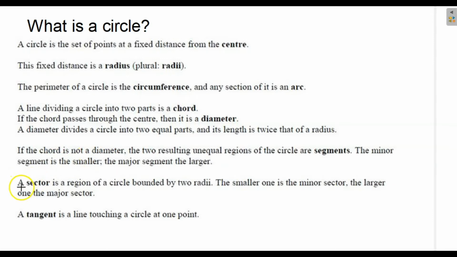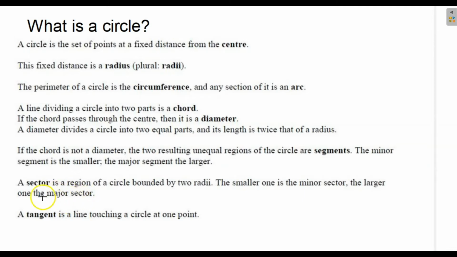Then we also have a sector. A sector is a region of a circle bounded by 2 radii. The smaller one is a minor sector and the larger one is the major sector.